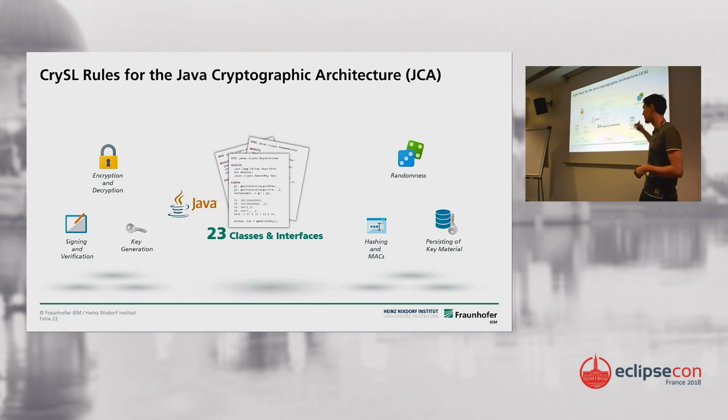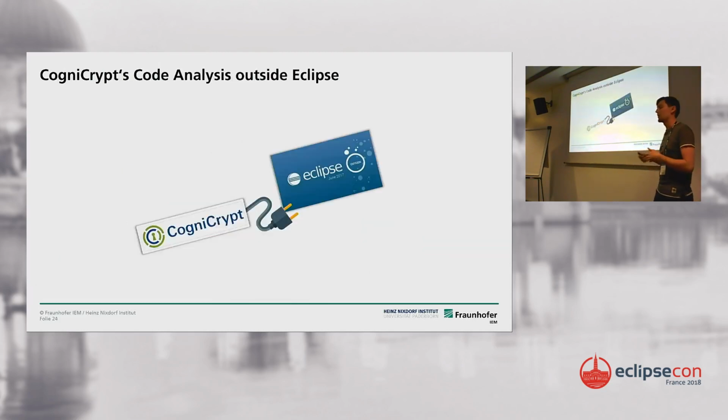For example, encryption and decryption, signing and verification, generating a key, or hashing data. We've specified all these classes, and these are all included in the Eclipse plugin CogniCrypt, and it will automatically check your usages against them.